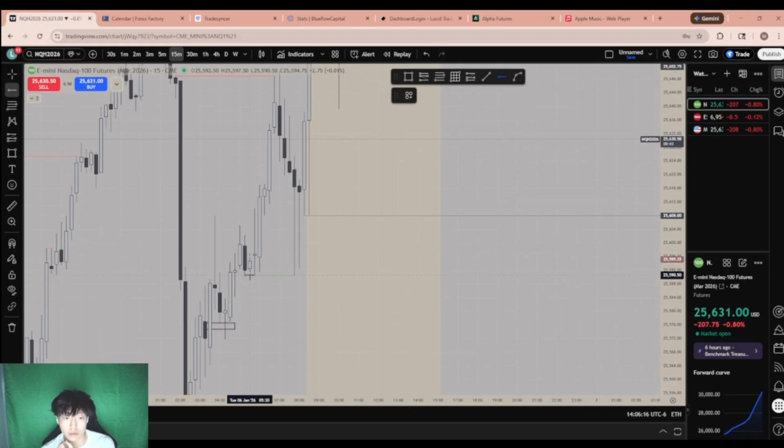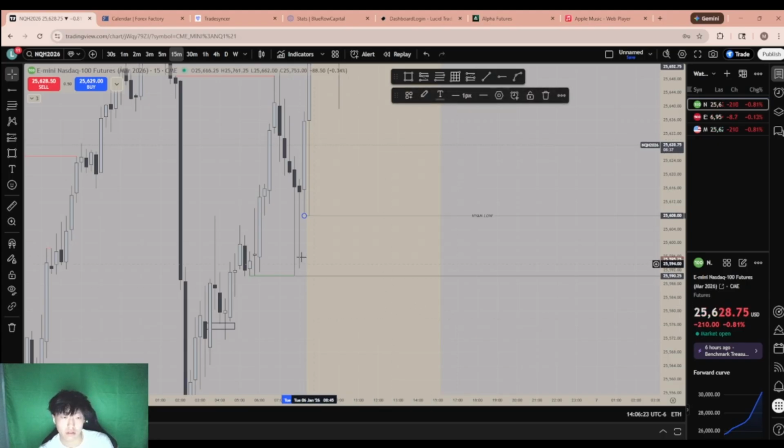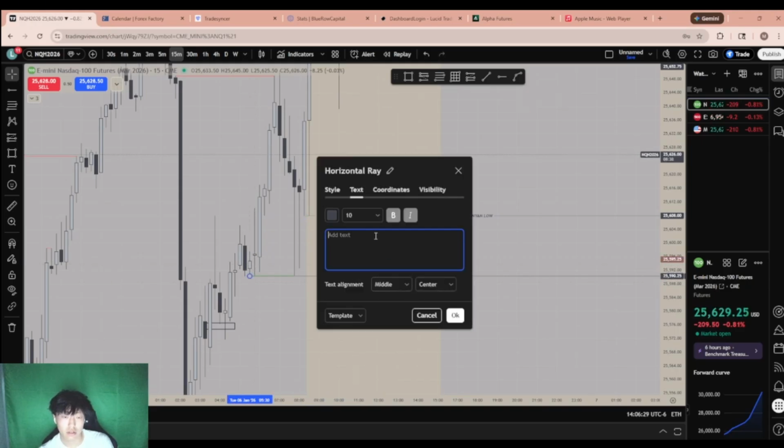And you also have triple 15-minute equal lows. And this one is also New York AM low. And this is London plus 15.